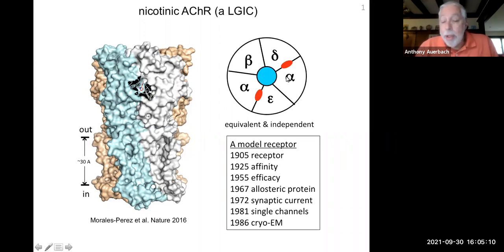And all these things on this list are first identified and studied in acetylcholine receptors. So basic concepts as affinity and efficacy were first identified in acetylcholine receptors. And I hope by the end of the talk you will think that it's okay to put efficiency on this list as well. So we're going to start with this right here. The ACH receptor is an allosteric protein.